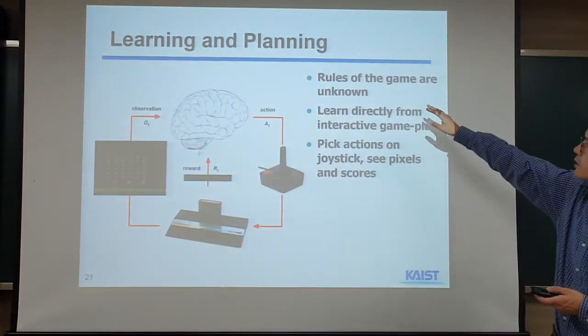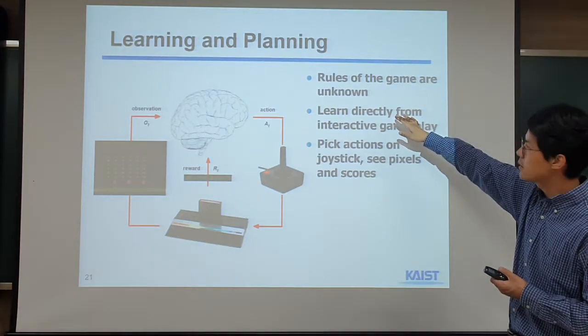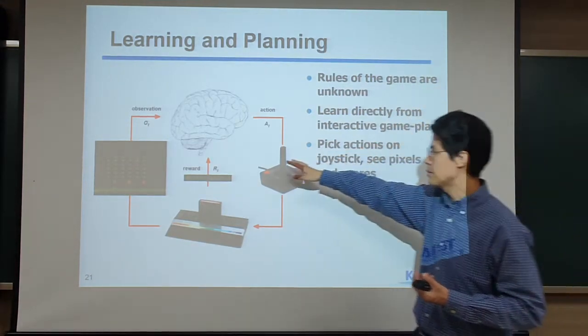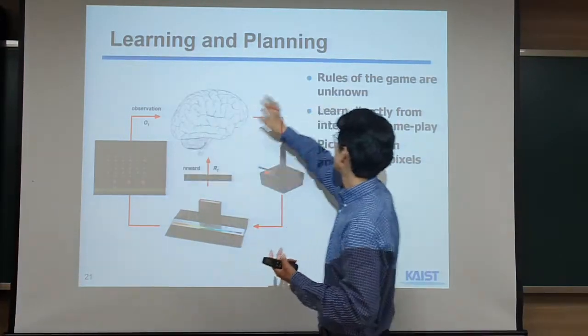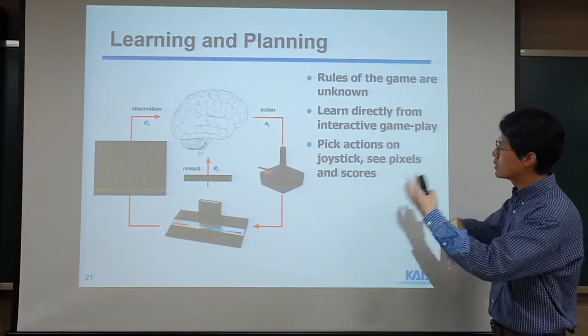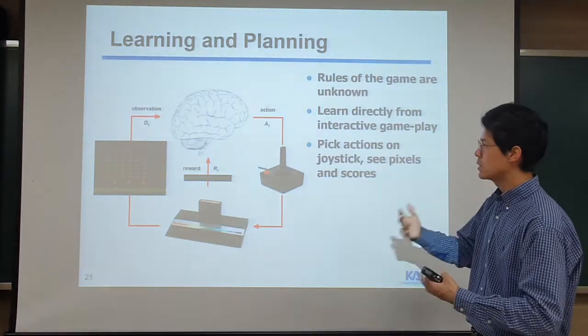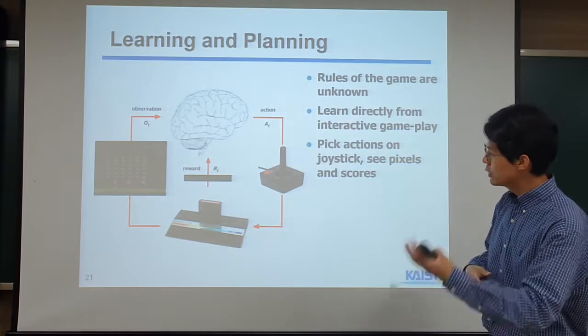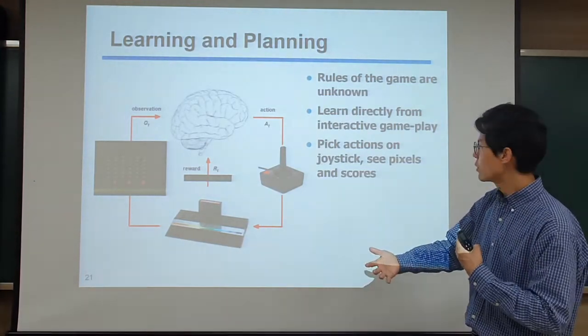And again, in the case of learning, even the rules of the game may be unknown, right? For example, here we want to design an RL agent to play this game. Even if the rule is not known, we need to learn those rules by having some interaction with the environment, right? We take some action, we observe something, and we also get a reward.